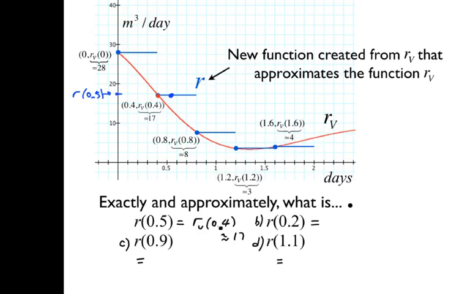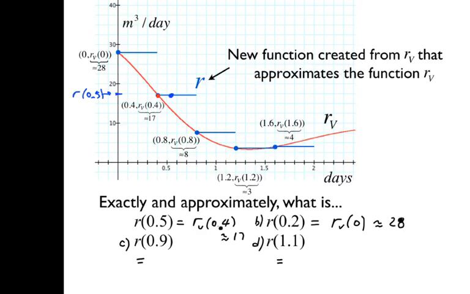R of 0.2 is R sub V of 0. For every value of x between 0 and 0.4, the R function has a value of R sub V of 0. We took R sub V of 0 and said we want that to be the rate for every x value from 0 to 0.4. So no matter what x value we put in between 0 and 0.4, we get the rate of R sub V of 0, a constant rate, approximately 28.